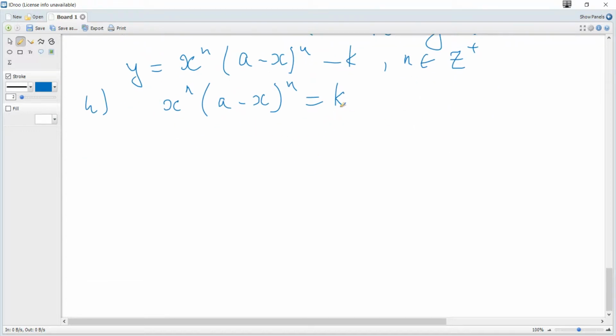And we can see that y is k, it's just a horizontal line, and we know that points of intersection of two graphs, when we plot the left hand side and the right hand side functions, points of intersection are roots, and we need four solutions, 4 roots, and to get 4 roots it must look like this.